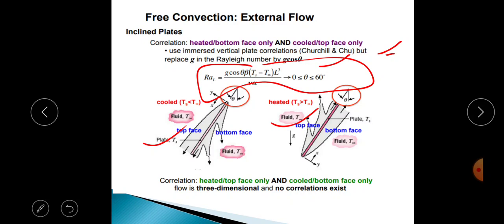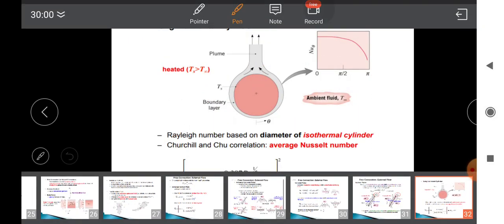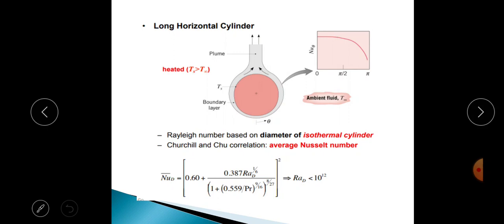Flow is three-dimensional and no correlations exist. Then for the long horizontal cylinder, so a Rayleigh number based on diameter of isothermal cylinder, and Churchill and Chu correlation for average Nusselt number.